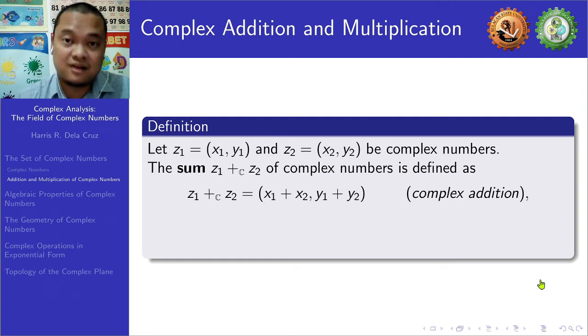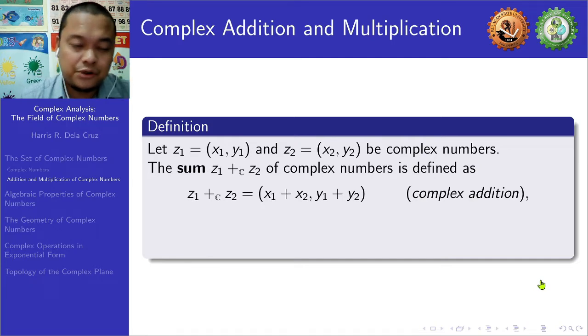So to get the sum of two complex numbers, all you need to do is perform component-wise addition, meaning you just add the real part of the first number with the real part of the second number, and you add the imaginary part of the first number and the imaginary part of the second number.